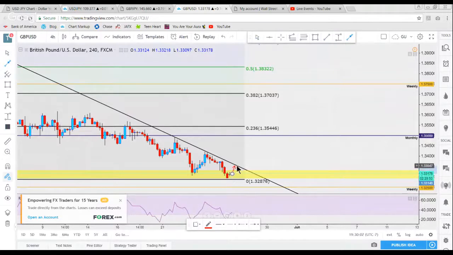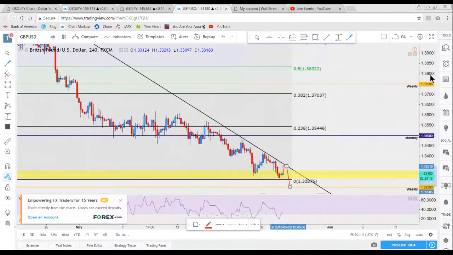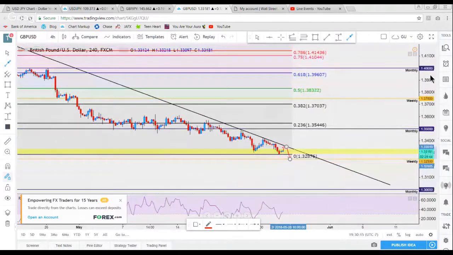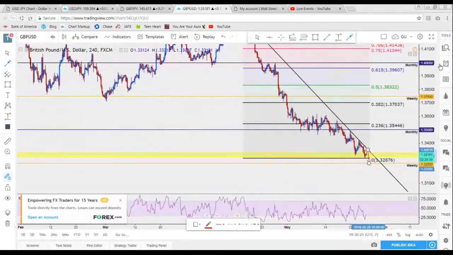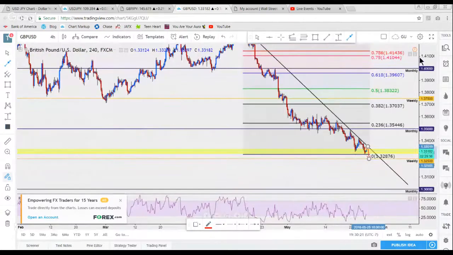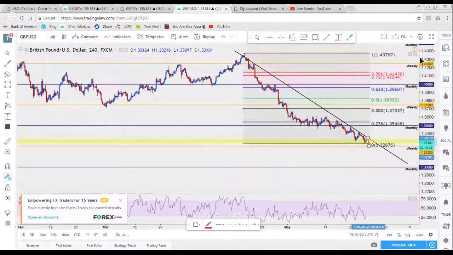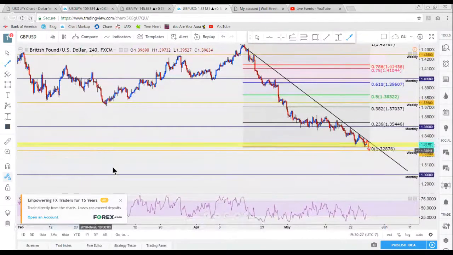Touch the trend line once again, and then we go back down. And I feel like the 1.32500 zone would hopefully find some type of support, so we have an actual retracement.